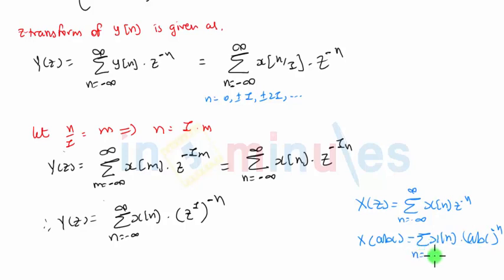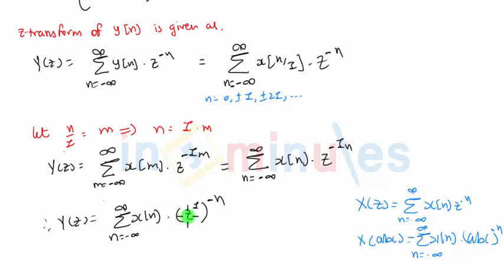The variable will always be n, which will vary from minus infinity to infinity, but whatever is inside the brackets here, if it is x of z, it is z raised to minus n. If it is x of abc, it is abc raised to minus n.